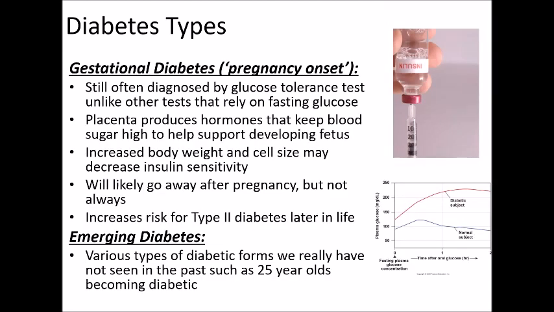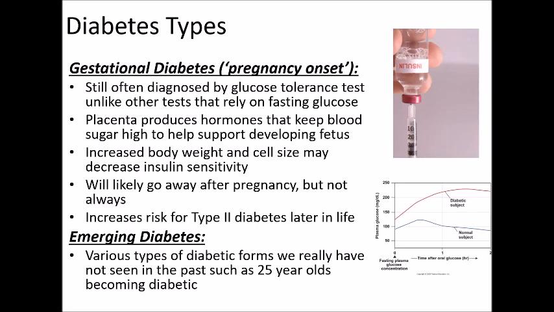The other two types of diabetes, one is gestational, that's known as pregnancy onset diabetes. Nowadays the type 1 and type 2 diabetes are often diagnosed using a fasting blood glucose, but gestational diabetes is still often diagnosed with a glucose tolerance test.